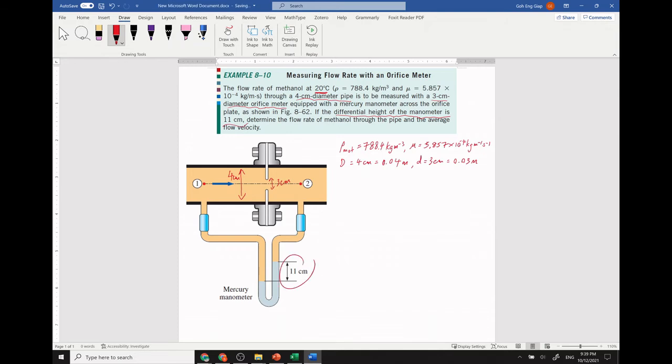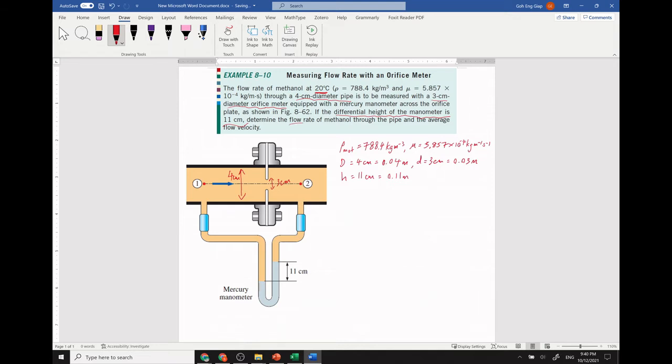So we have here 11 centimeter. You write down that H is 11 centimeter, which is 0.11 meter.